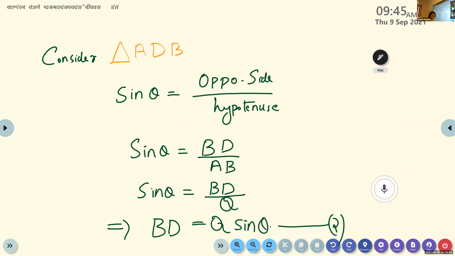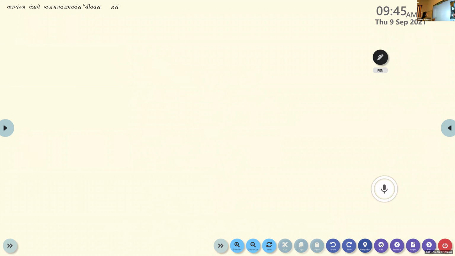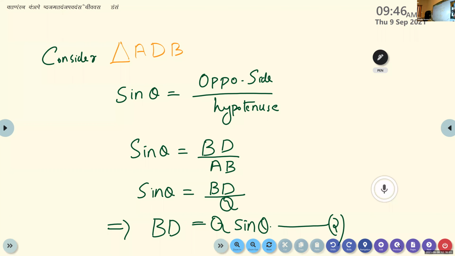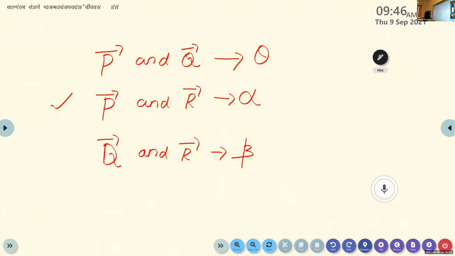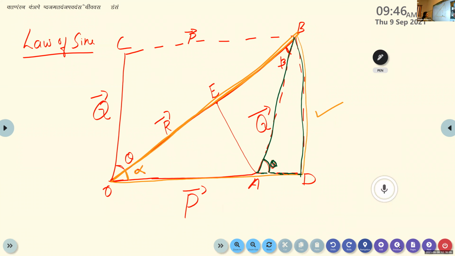Now we can consider the third triangle. Which is our third triangle? Consider triangle OAE. I think that is one of the inner triangles. This one.